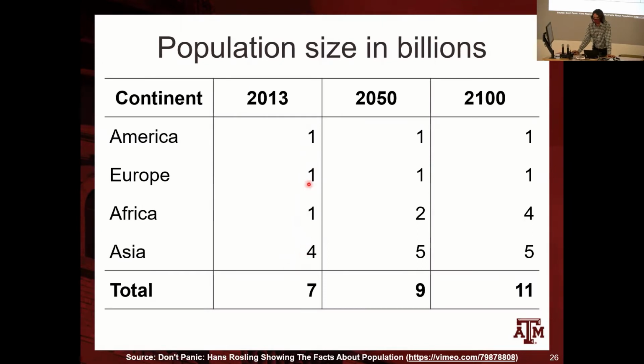So in more present times, we have around 1 billion people living in the American continent, considering from North to South America, 1 billion in Europe, 1 billion in Africa, and 4 billion in Asia.